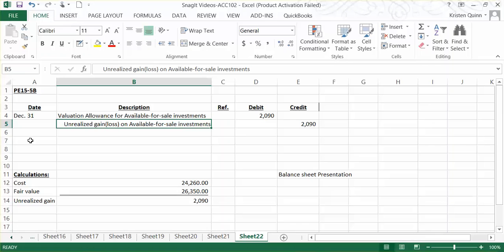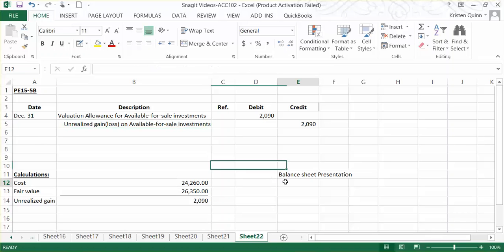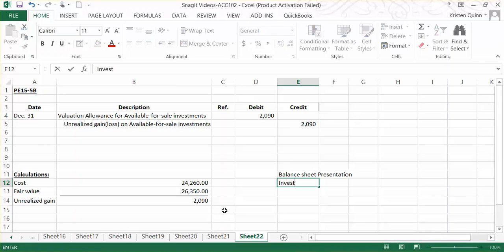Remember, these are being classified as available for sale. This is not what we as a company do for a living, so it's not going to impact our income statement.